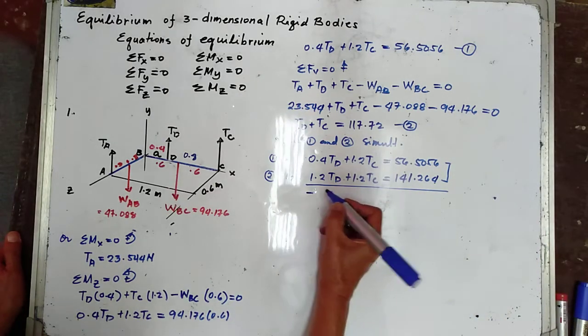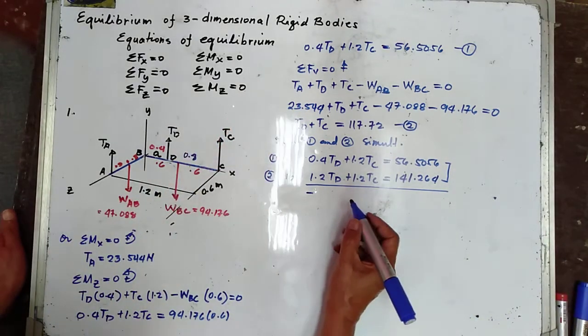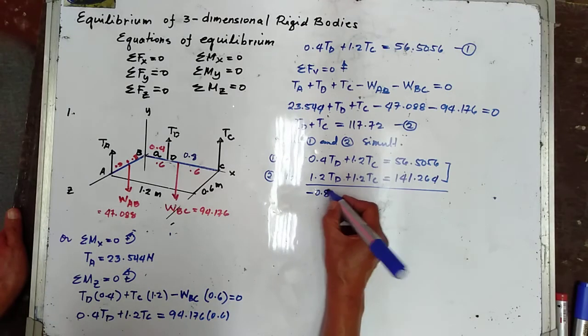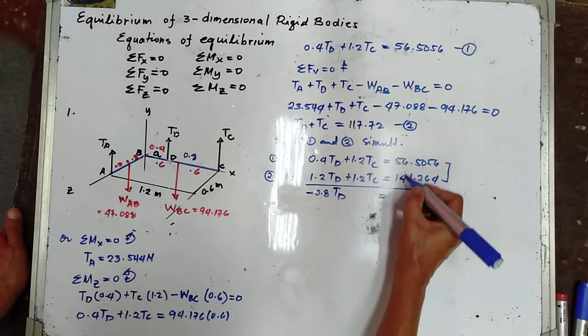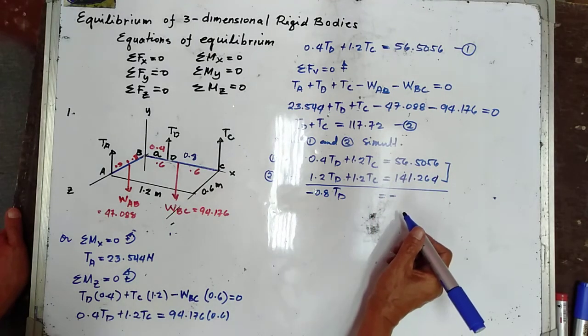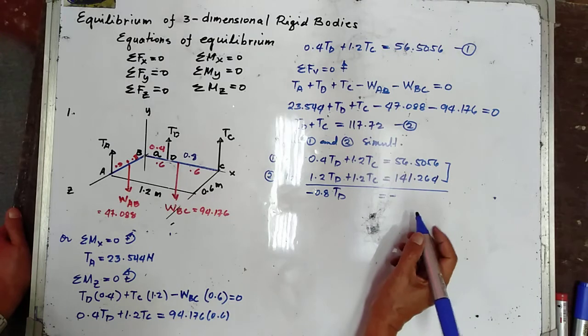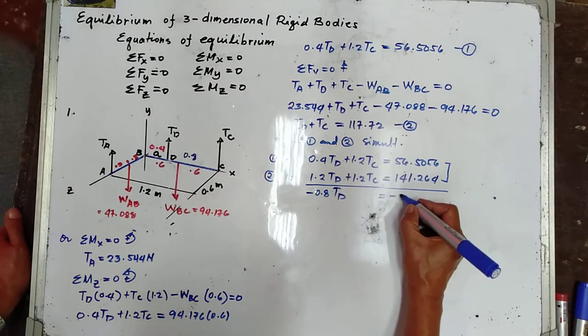So we have negative 0.4 minus 1.2 is negative 0.8 T sub D. That is 0, and that is equal to negative 84.7584.